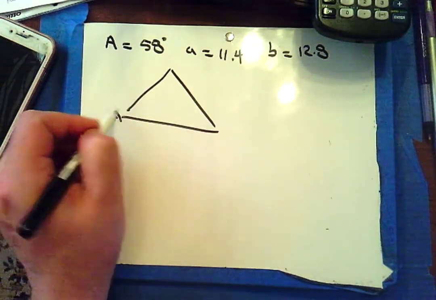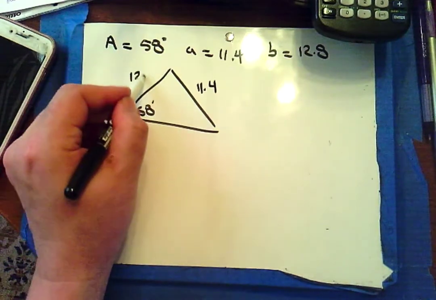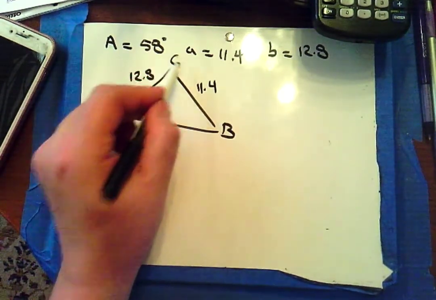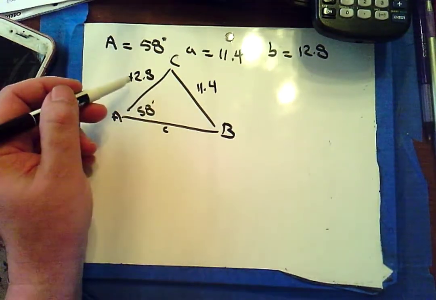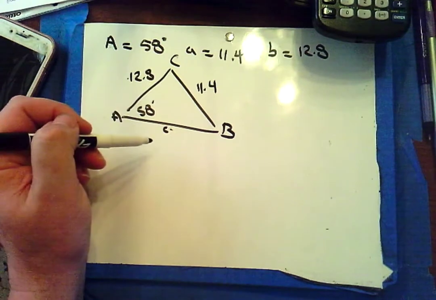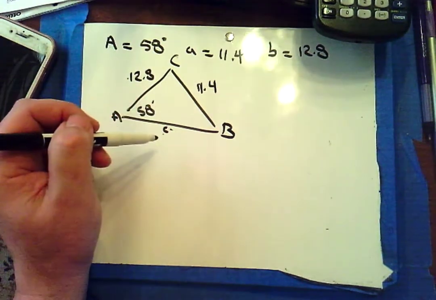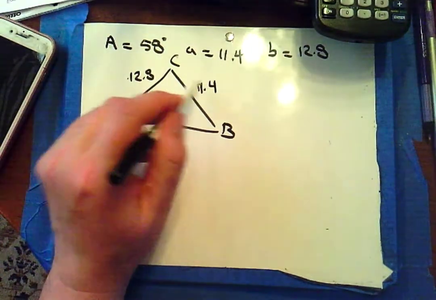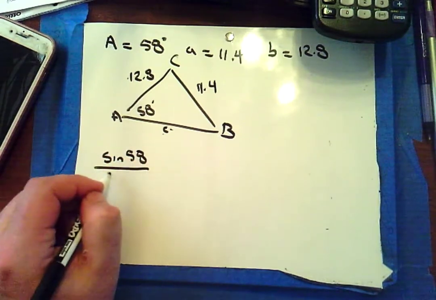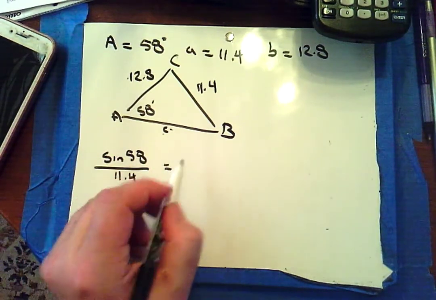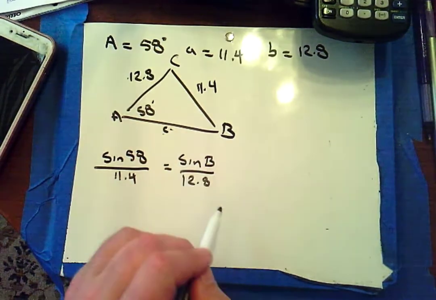I'm going to put my A over here, and 11.4, 12.8, big B, big C, little c. And again, I see this isn't going to be law of cosines because I don't have side angle side, and it's not law of cosines because I don't have side, side, side, but I do have an opposite side angle pair, so it's law of sines. So the sine of 58 over 11.4 equals the sine of b over 12.8.